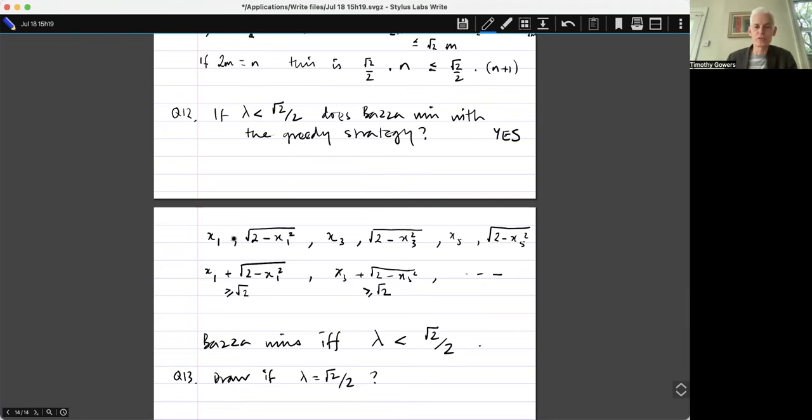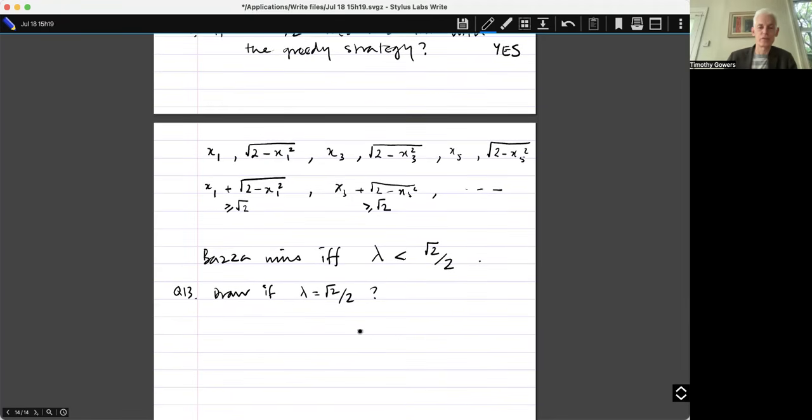And so if Bazza can always ensure that the squares of these two numbers add up to 2, Bazza doesn't lose. So the answer to that is yes, and that's actually rather interesting.